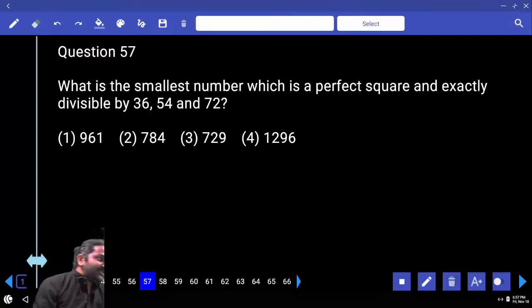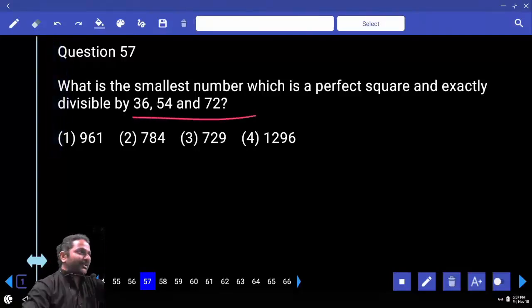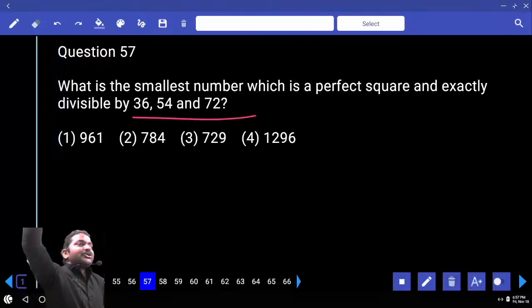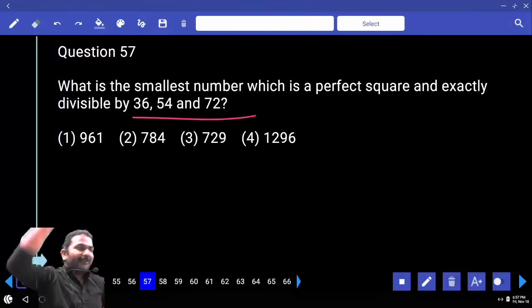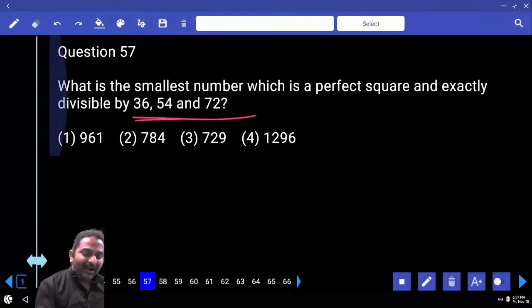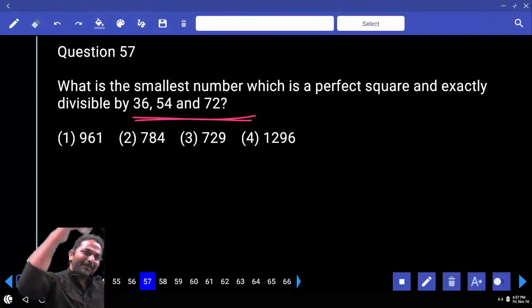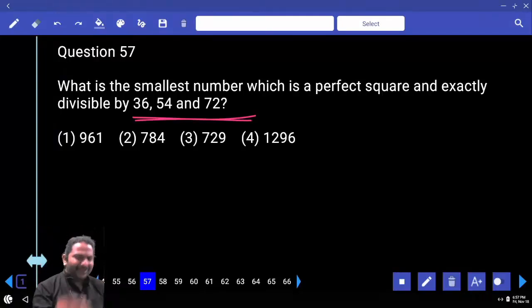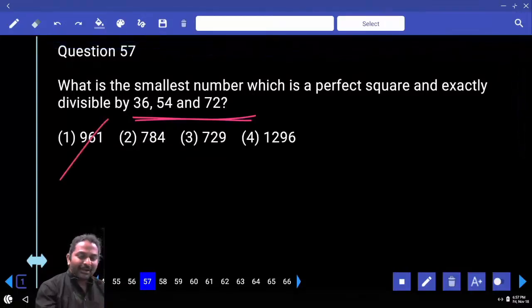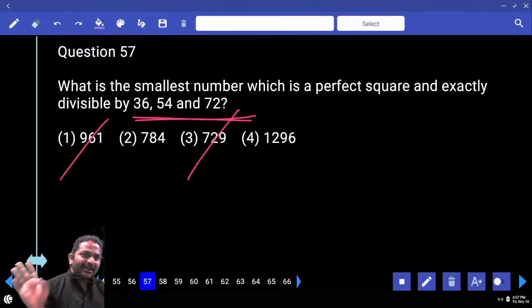That was the process. Right. For these numbers, first you need to calculate LCM. Then it has to be a perfect square. Correct? My first point is, all are even numbers. First even numbers. For even numbers, LCM must be an even number. 1, 3, eliminate.